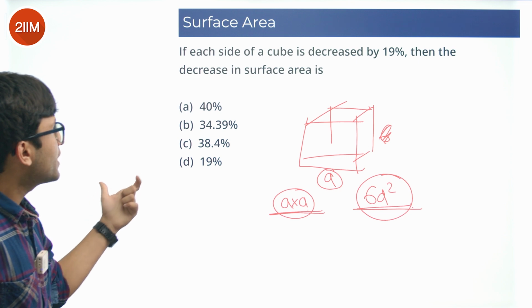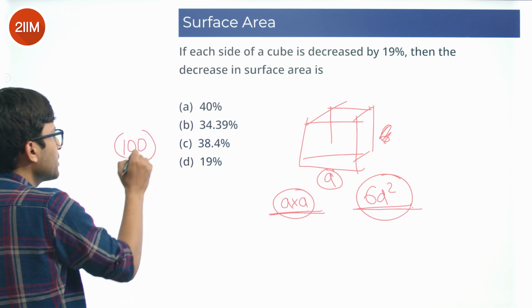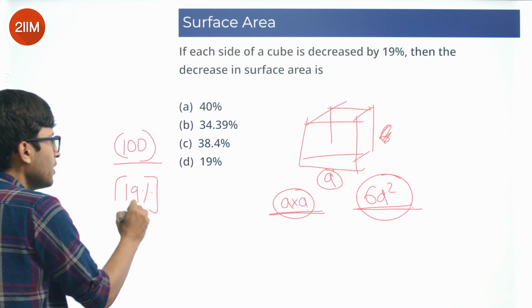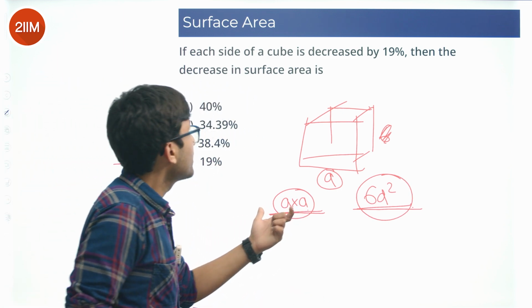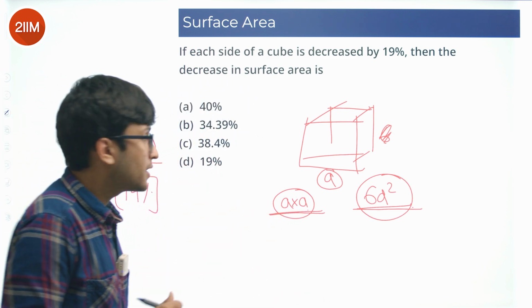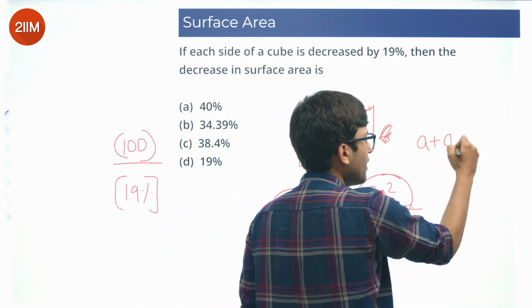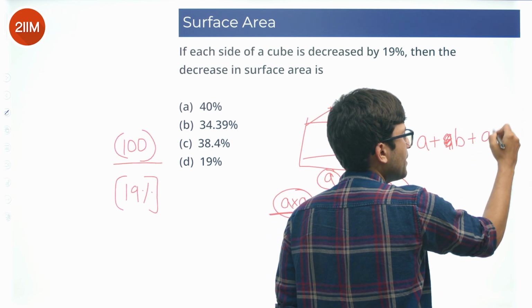So my first method would be to assume a number like 100 and then reduce it by 19% and then by 19% and then get the value. But there is one formula also which we have learned, that if the reduction is on two sides, then the overall value reduction will be A plus B plus AB by 100.